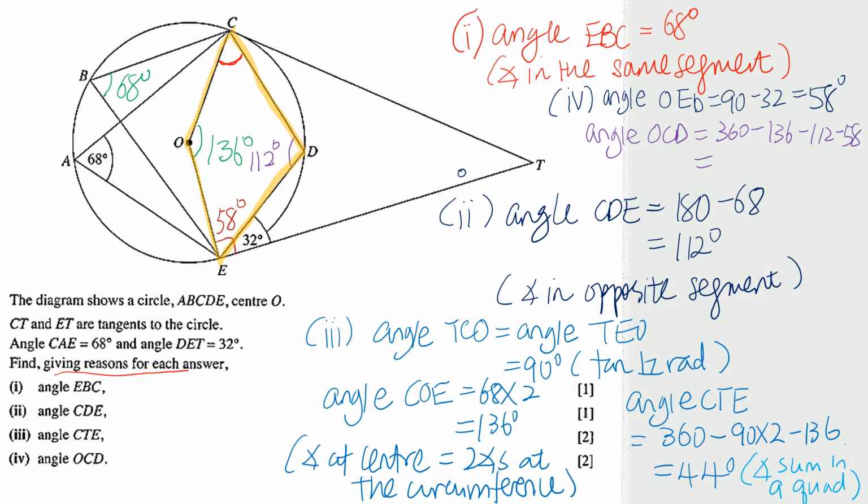And that gives you 54 degrees. So the reason is the angle sum in a quadrilateral. All right, so this is how we can make use of all the angle properties we have learned to solve these questions.